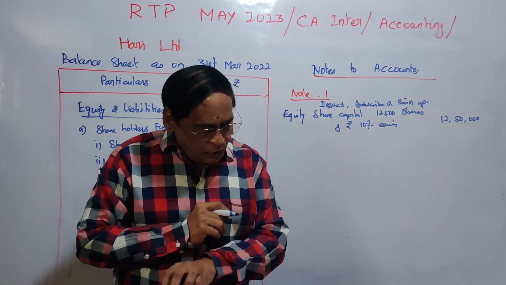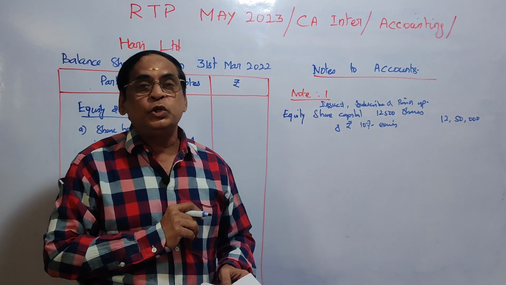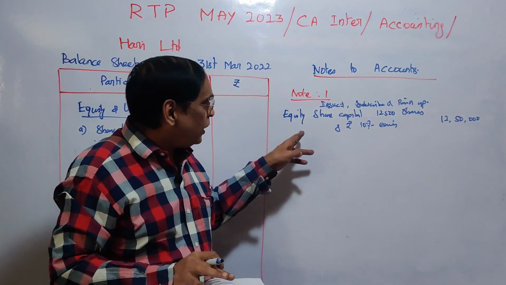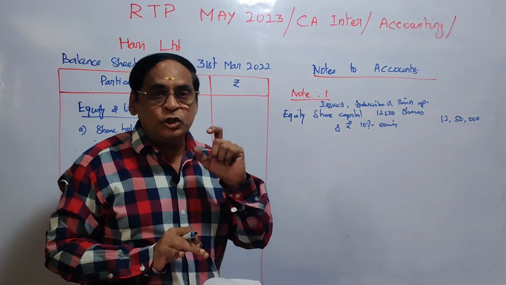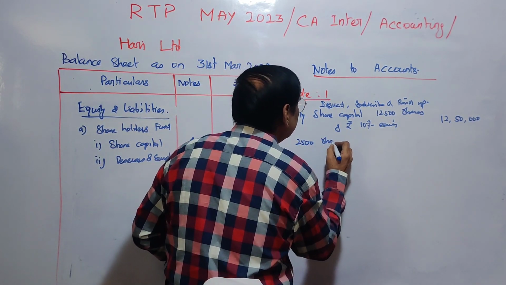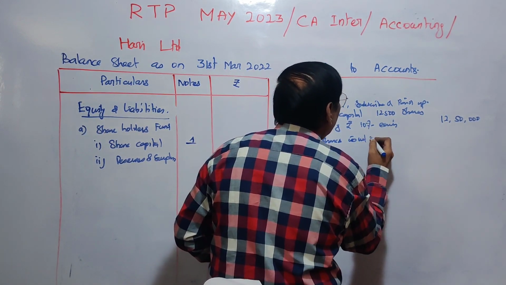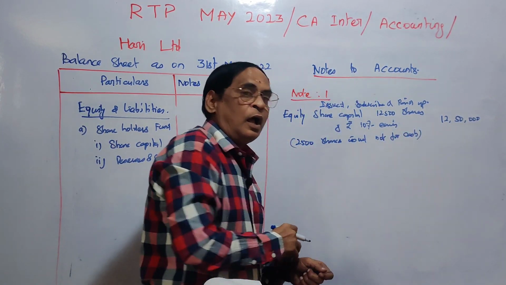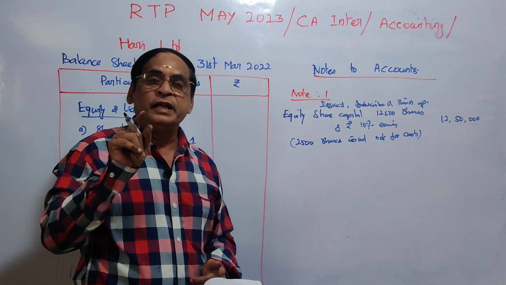Out of this, you can see one important thing: 2,500 shares were issued not for cash. So it is shown separately. We have to show it like this: out of 12,50,000 rupees, 2,500 shares issued not for cash. Within brackets we have to mention, shares issued not for cash. And then there are calls in arrears, 1,250 rupees. Actually calls in arrears is an asset.